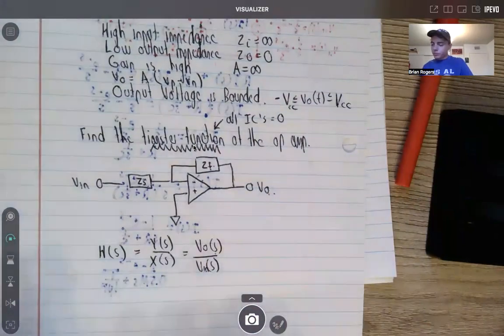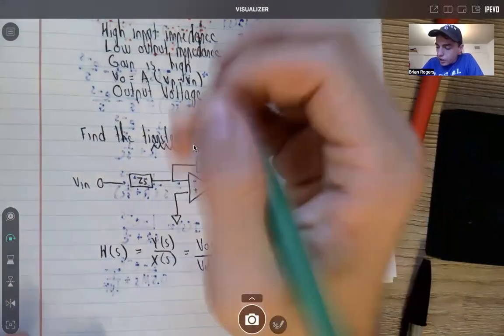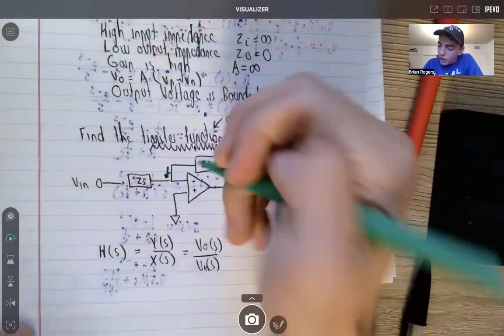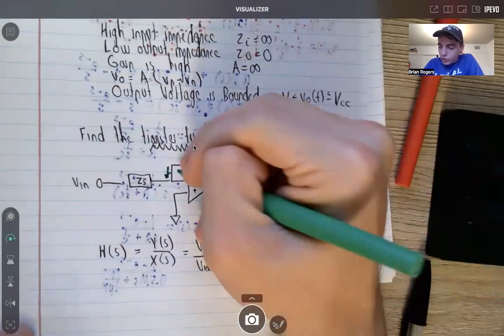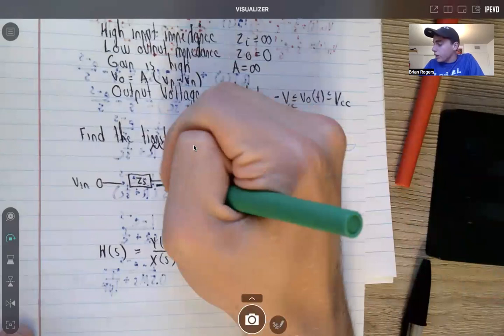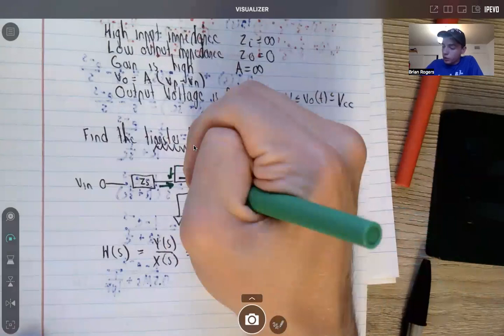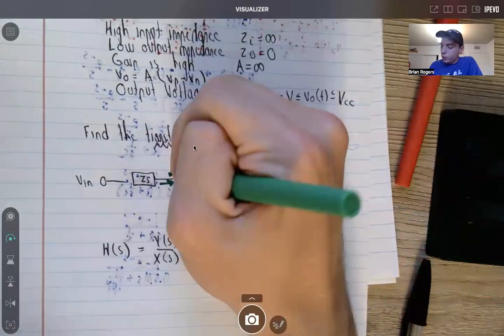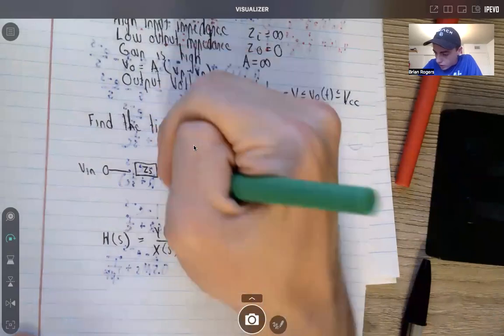And so what we're going to do is use our current technique. Looking at this node right here, there's going to be some current coming back from the output voltage, some coming from the input, and the one going into the device. We're going to label them I1, I2, and I3.